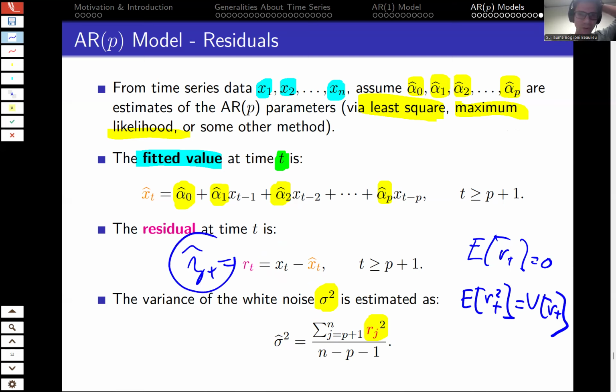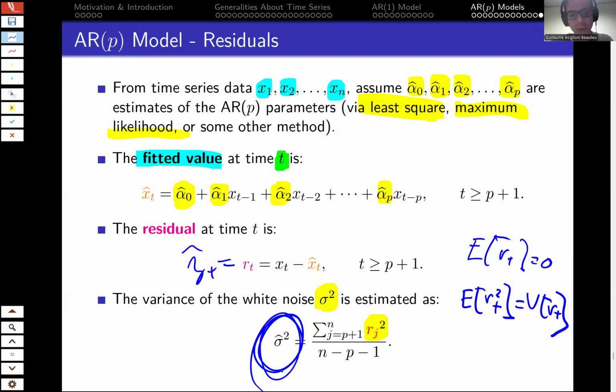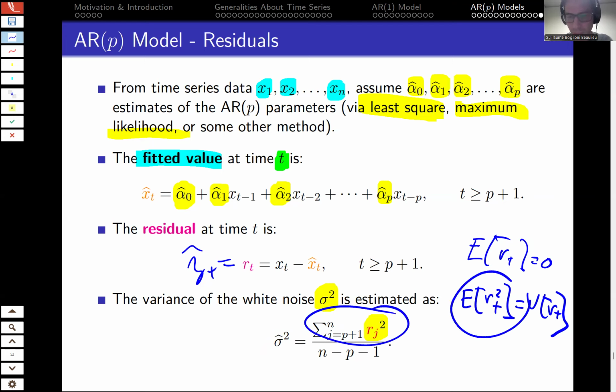Remember that the rt are our estimates of the zs, and the zs have a variance of sigma squared. Now, this is all very formal, but it's some sort of explanation for why this formula makes sense: a sensible estimate of sigma squared, denoted sigma hat squared, would be to simply take the average of the squared residuals.